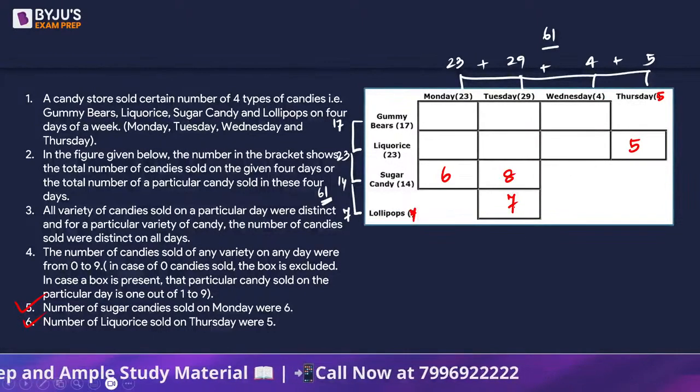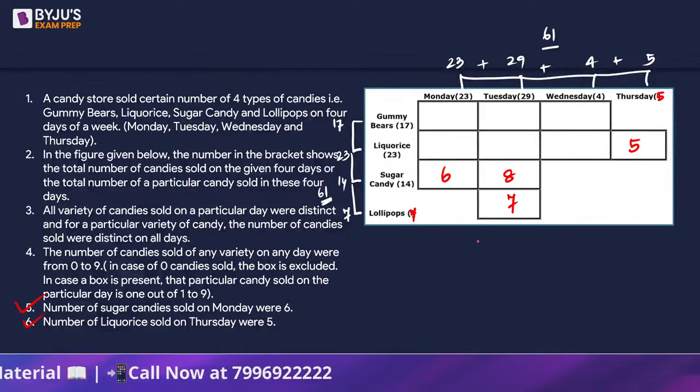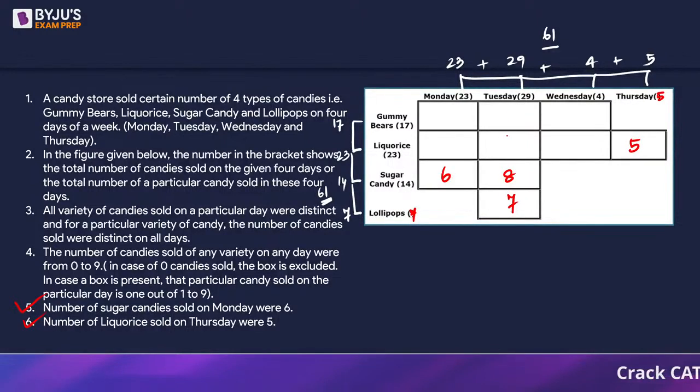Okay, let's look at the largest number that we see here. So the largest number we see here is 29. Now out of 29, 8 plus 7, 15 is already done, right? So we need another 14. So how can we make 14 such that all the values are different? So can we say we can put 14 as the next number is 6?